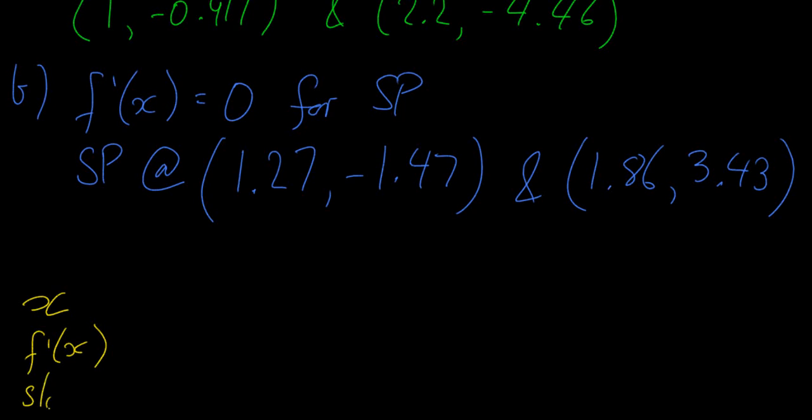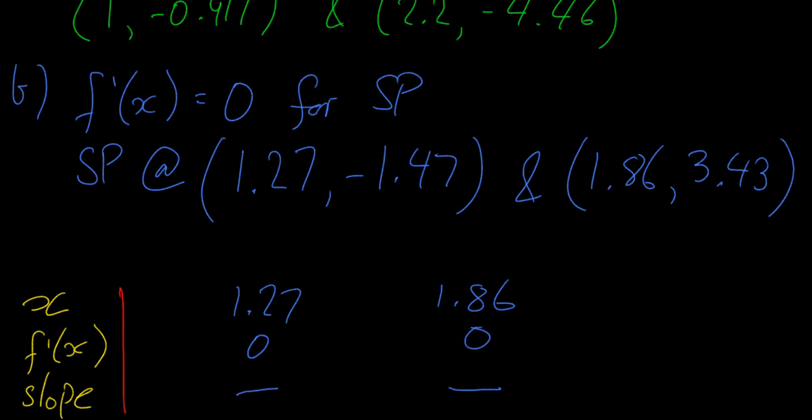So x, f dash, and slope. We want to compare all of these among different values of x. So over here, let's jot down x equals 1.27 and 1.86. We know both of these have a gradient of 0, so our tangent is going to be flat.